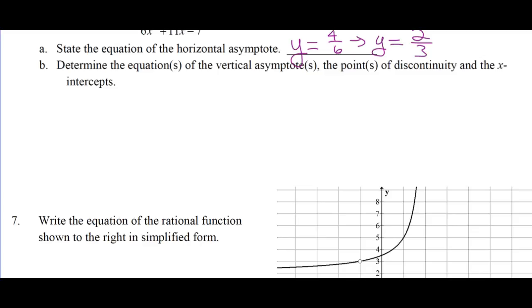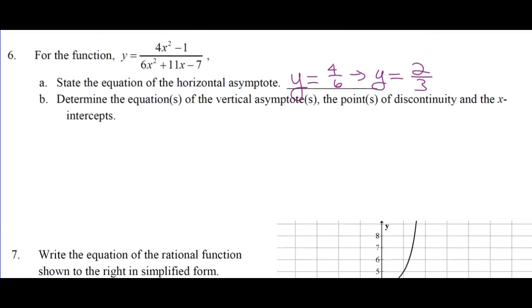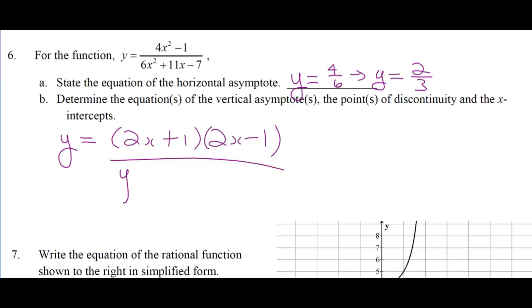Determine the equations of the vertical asymptotes. So what do we have to do for this? We have to factor everything, right? So we need to get this in factored form. So the top is luckily a nice difference of squares. Here's my bet. I'm going to bet there's a 2x plus 1 or a 2x minus 1 as the factor.